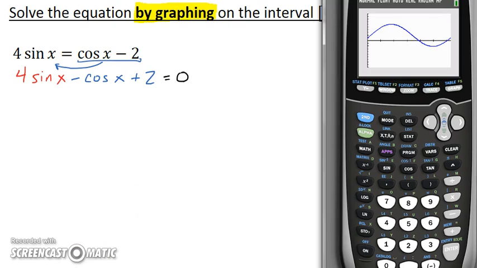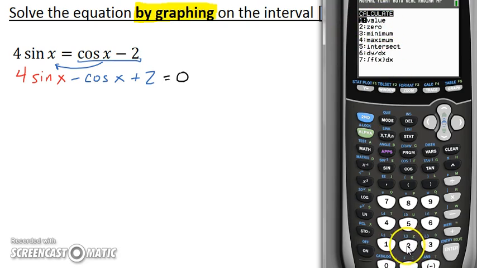Okay. Now at this point I just need to figure out what these two x values on my graph are, where the function we graphed equals 0. And you may already know how to do this. This hopefully is a review for you, but if not, your calculator will do that for you. If you hit second and the trace button, it gives you the calc option. The second option on that menu is 0.